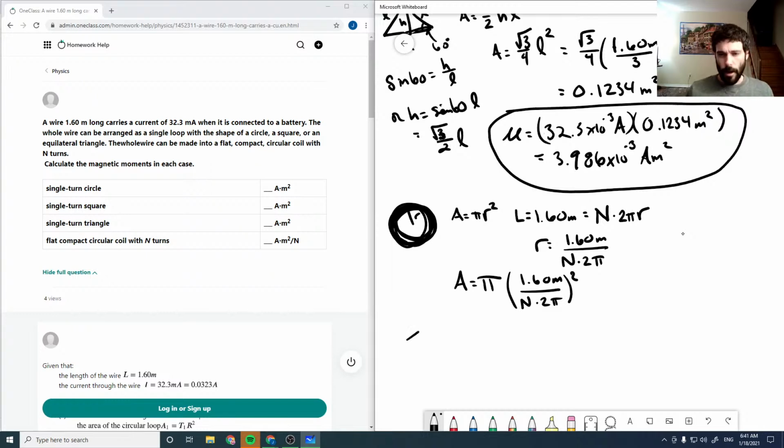And so our moment is our current, 32.3 times 10 to the minus 3 amps, times our area, which comes out to be 0.204 meters squared over n squared.